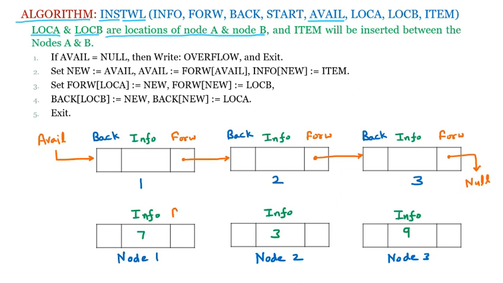The forward pointer at node 1 is pointing to the node 2 address. Then the node 2 forward pointer has the address of node 3. Then the forward pointer of node 3 is pointing to null, because we do not have any element afterward. And obviously there we have one start also.